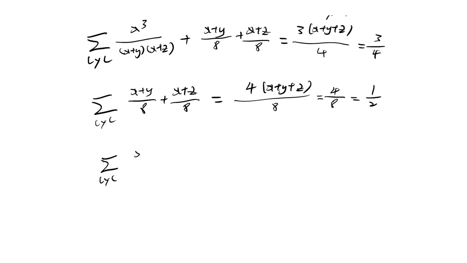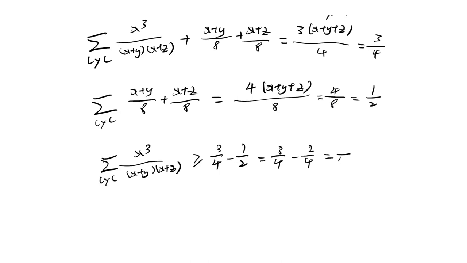Therefore, this expression, which is what we want to prove here, is larger or equal to 3 over 4 minus 1 over 2, which is 1 over 4. And when x equals y equals z, the equality holds.